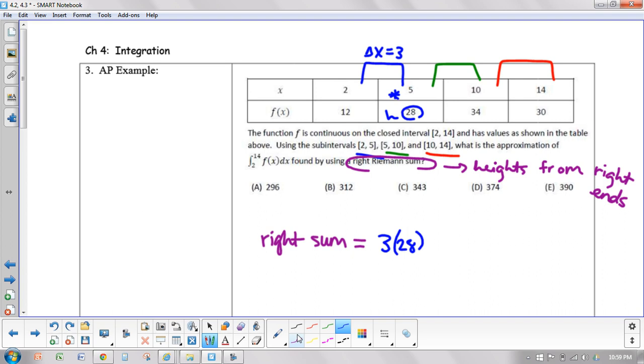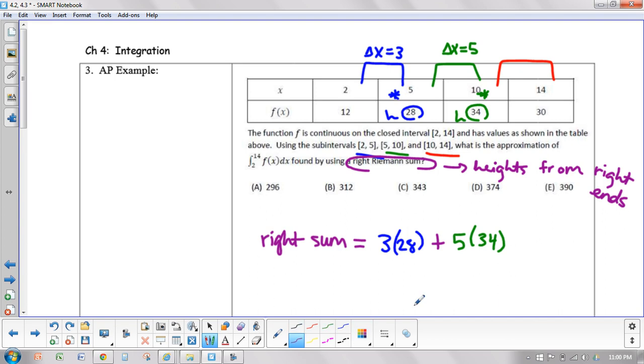Okay, then I need to add up the second one. Well, from 5 to 10, the delta x, the width, would be 5. And then 5 would be the left, 10 would be the right, so the height for that would be 34. So 5 for the width, 34 for the height.